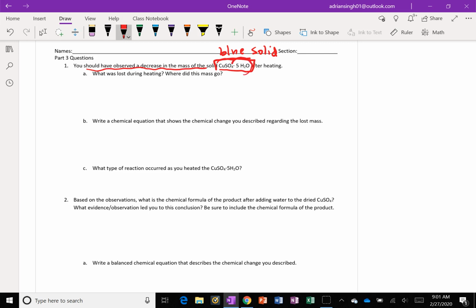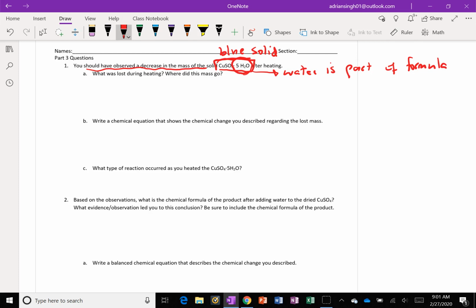This part of it here that comes after the decimal point tells you that there's water as part of the structure. So when you heat it, what do you think is going to happen to the water? It's probably going to leave, it's going to vaporize. So you actually change the chemical formula for the compound.